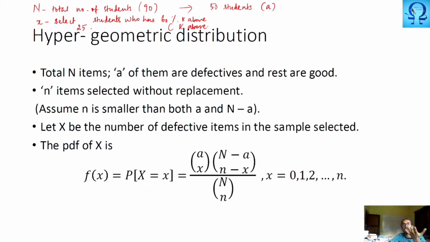I need to select 25 students who have 60 percent and above. 50 students have this criterion, which means 40 students do not have this criterion. Based on the experiment, it may vary. So here my n value is 90, a value is 50 and n minus a is 40. I am expecting 25 students with this criterion, but I am going to select these 25 students from the whole lot of 90 students.